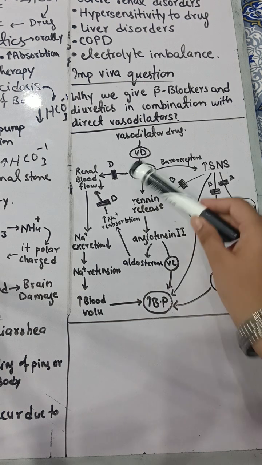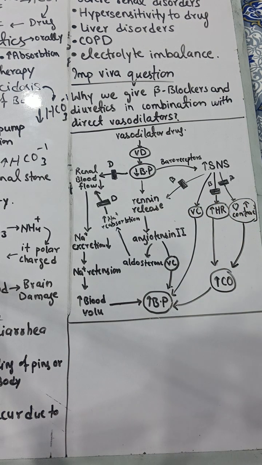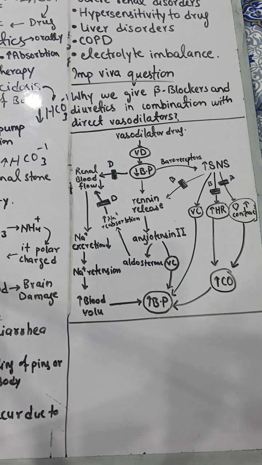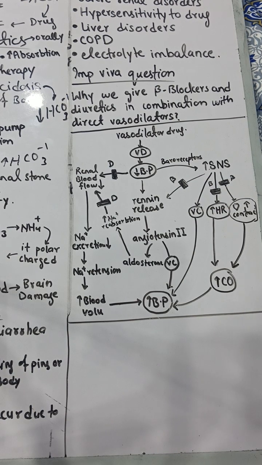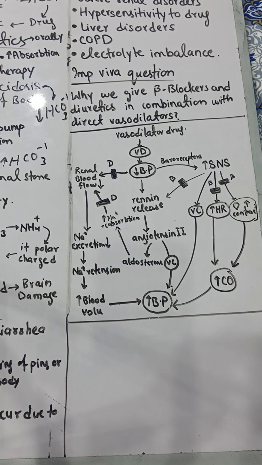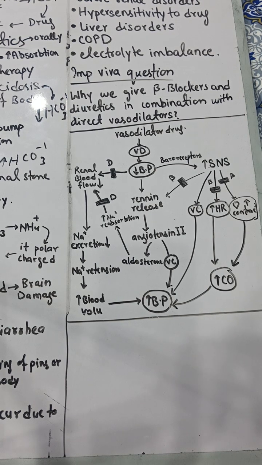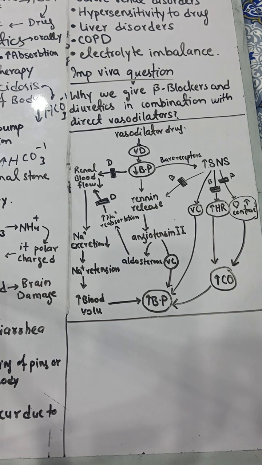The first mechanism we are discussing, this is how this pathway works. So your blood pressure decreases. Now this decreased blood flow goes to your kidney, so your kidney will receive low blood flow. The kidney is the organ that gets the second most blood flow in your body. The liver is the first organ that gets the maximum percentage of blood, and after the liver, the kidney gets the second most.